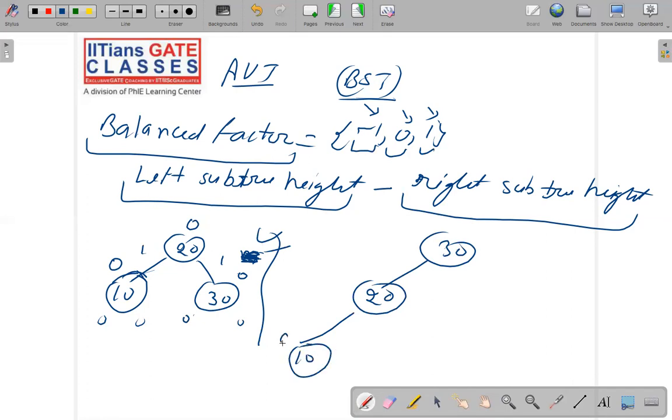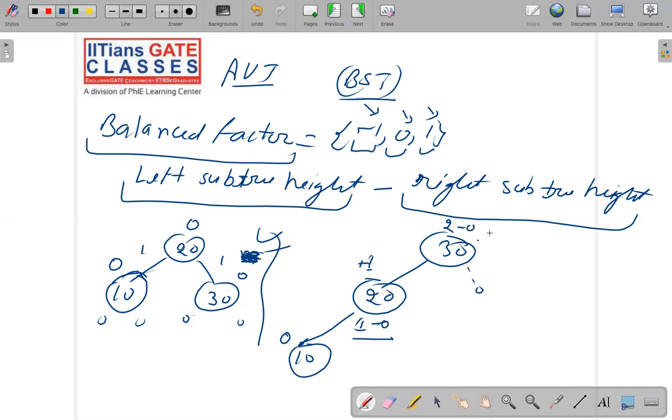So this is satisfied. Now let's talk about this one. Here the balance factor is 0. Here the balance factor is -1. Why -1? Not -1, sorry, +1. Why +1? Because the left subtree height is 1 and the right subtree height is 0. So it is 1. Similarly, for 30, the left subtree height is 2. The right subtree height is 0.